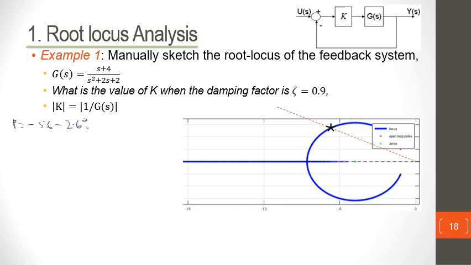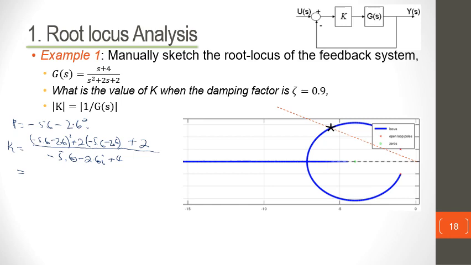We can take that and try and calculate K. So K becomes the magnitude of 1 over G(s), which in this case, we can take this point, minus 5.6 minus 2.6 i, and square that, plus 2 times minus 5.6 minus 2.6 i, and plus 2, and then we have at the bottom minus 5.6 minus 2.6 i plus 4.